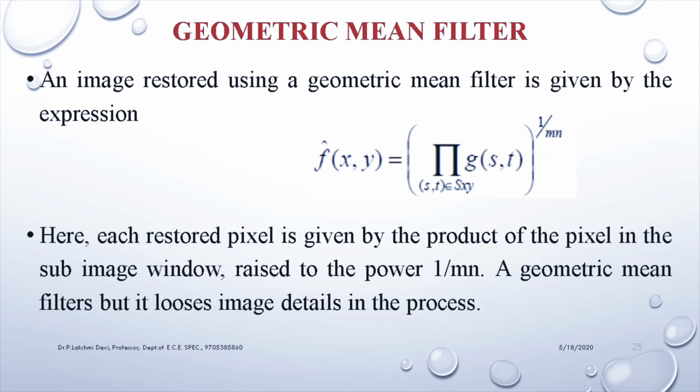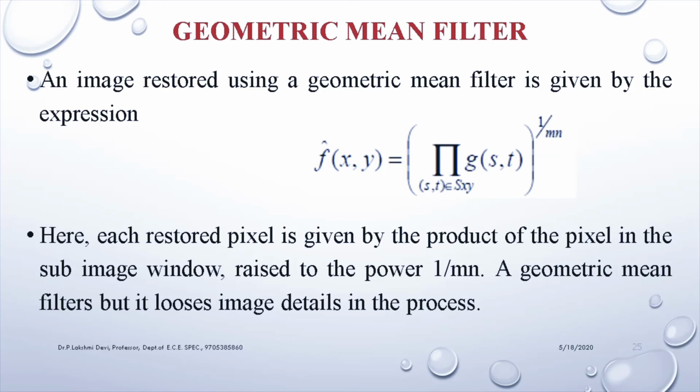Each restored pixel is given by the product of the pixels in the sub-image window, of the same 3 by 3 size. St are the spatial locations of the sub-image, Sxy is the sub-image, and g of st is the degraded image at those locations. The product of the pixels in the window raised to the power 1 by mn gives the output f cap of xy.